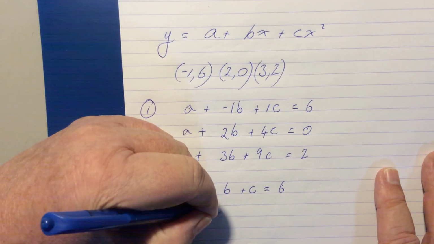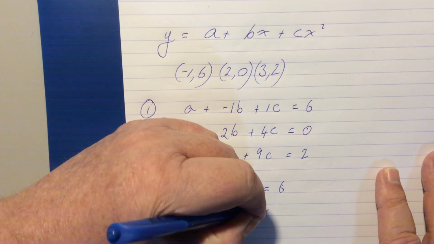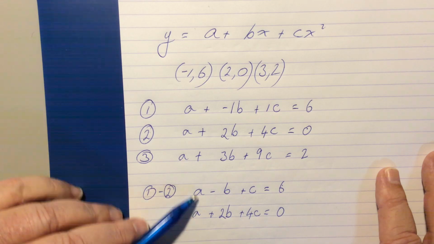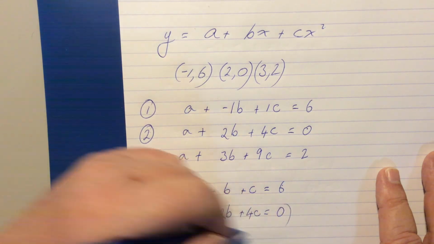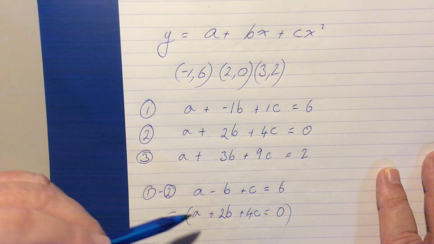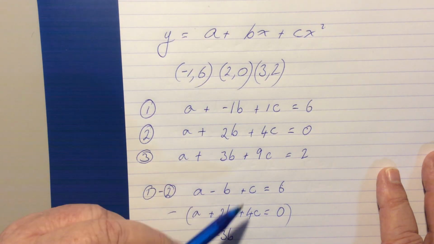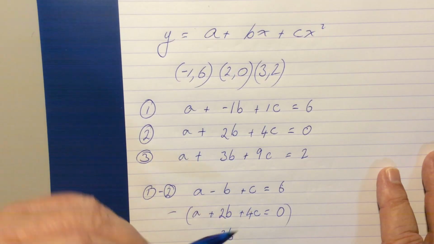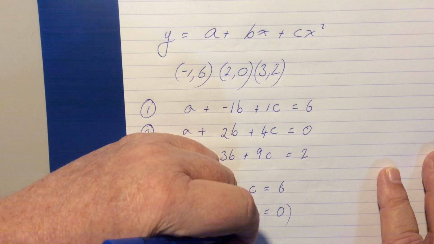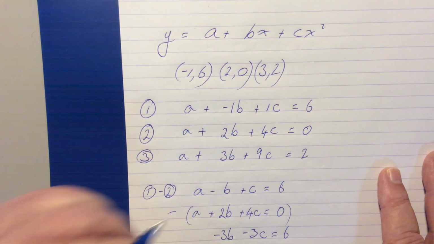A plus 2b plus 4c equals 0. And let's see what we get. Well, if I subtract this, the a's are gone. That's a good result. -b minus 2b is -3b. C minus 4c is -3c. And 6 minus 0 is 6.